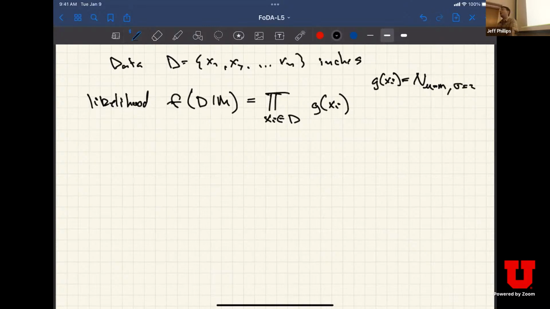When I ask for someone's height, remember I got someone's UID, and then I went and collected their height. Well, how did I collect their height? Maybe I tried to measure them, but probably I just asked the person what their height is. There's going to be some error in this process because some people are going to lie. Some people are going to measure their height in shoes, or not in shoes. I'm going to say there's a standard deviation of 2 inches.